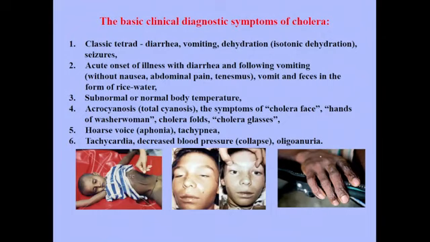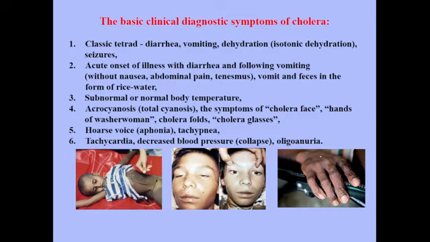The basic clinical diagnostic symptoms of cholera. Classic tetrad: diarrhea, vomiting, dehydration, isotonic. Acute onset of illness with diarrhea and following vomiting. It never starts with vomiting; diarrhea is followed by vomiting. Without nausea, without abdominal pain, and without abdominal cramps.